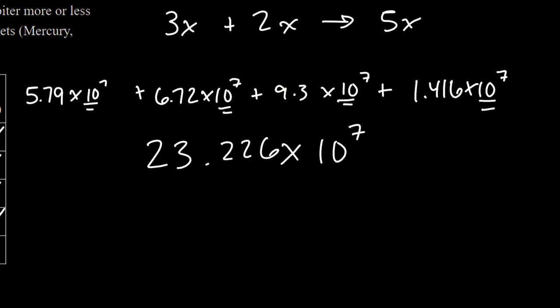Now that number is not in scientific notation, so I'm going to modify it, right? To write this number in scientific notation, I know that the decimal point has to be here. I need 2.3226. Now, this number right here is not the same as 23.226.